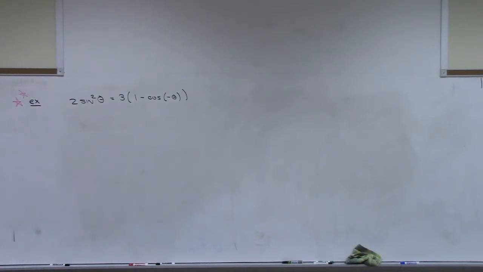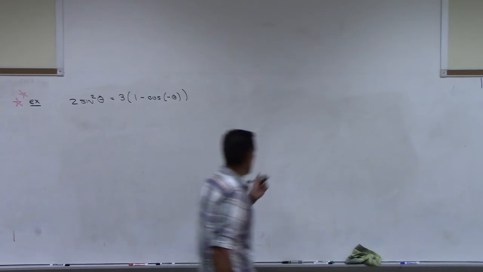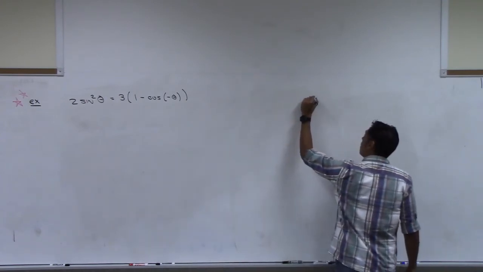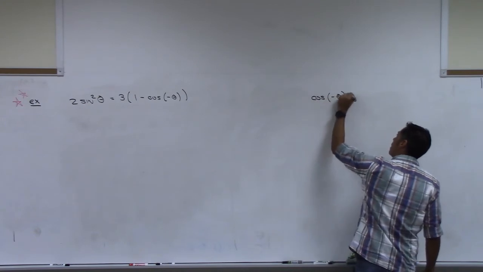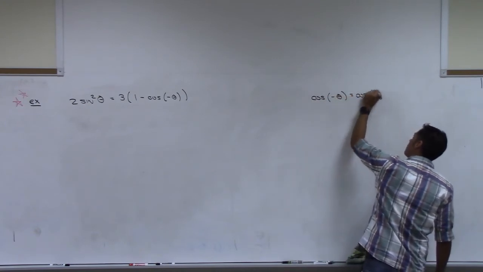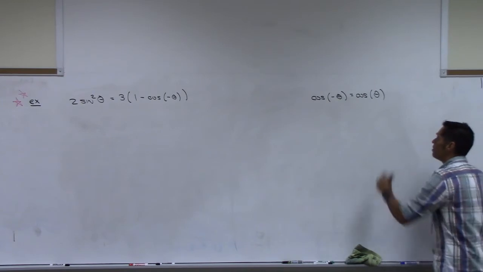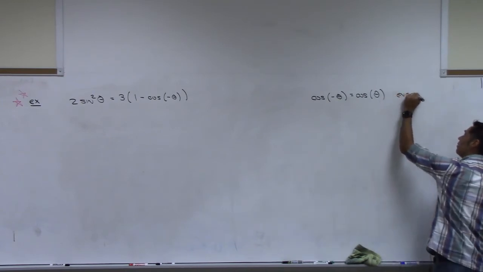That looks pretty messy, right? Let me remind you of something real quick. Remember that cosine of negative theta is the same as cosine of positive theta. That was called the even property. Do you remember me talking about that?